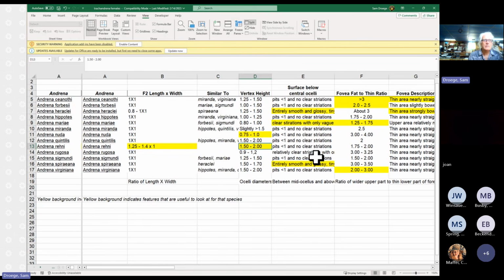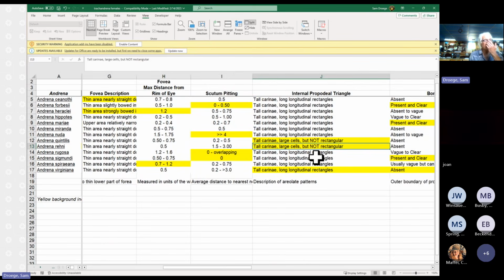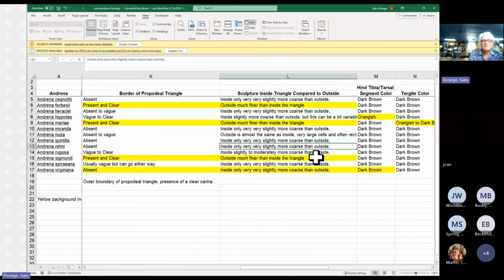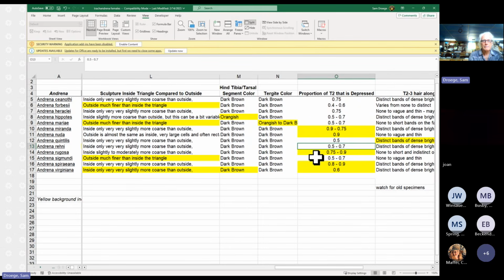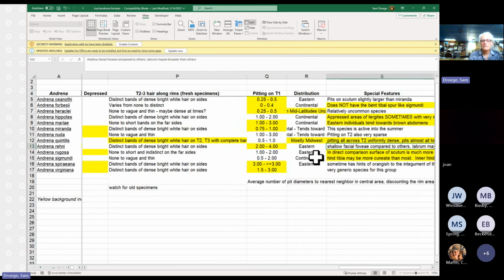There are some others in that same category, but that's in general a pretty distant one, particularly when we were just up here with Nuda as being very short. So this is another cells not rectangular situation. T2 depressed area. Hitting on T1, widely spaced 2 to 4.